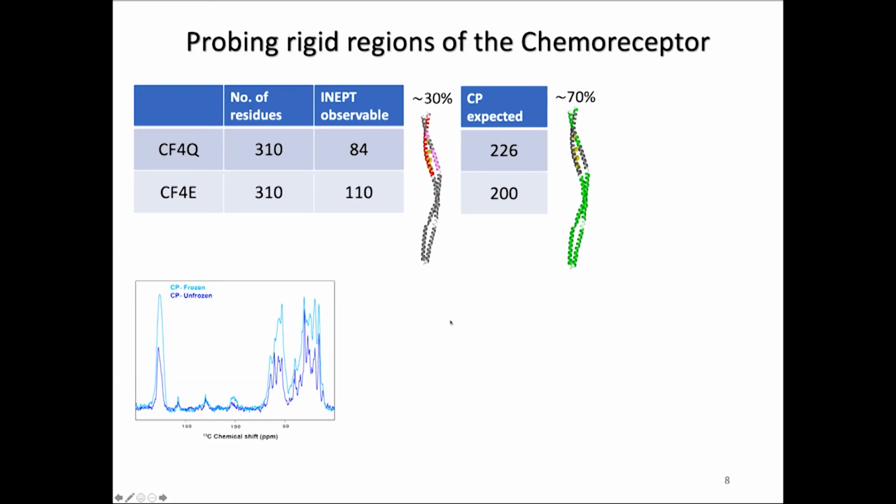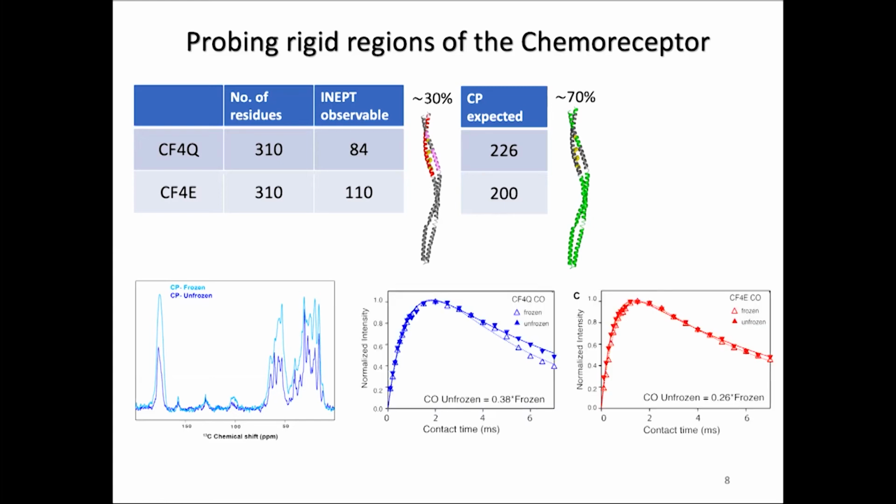So just to see which one of the two we are seeing, we probed the CP buildup curves, and we see that the unfrozen buildup curves for both CF4E and CF4Q match the frozen CP buildup curves if we normalize for the intensity differences.